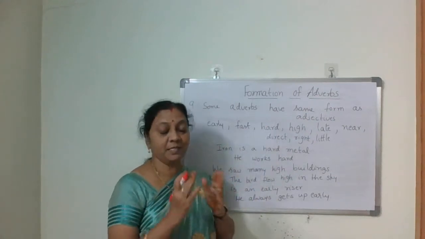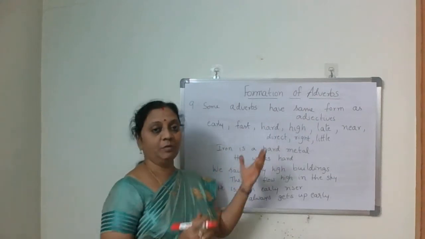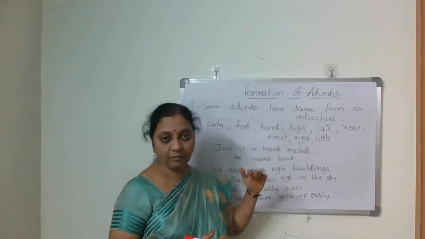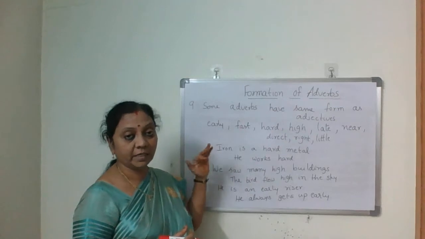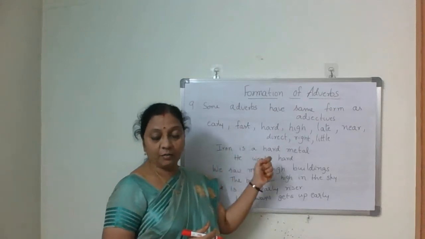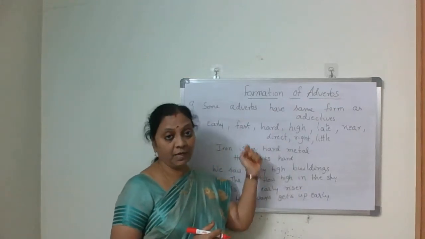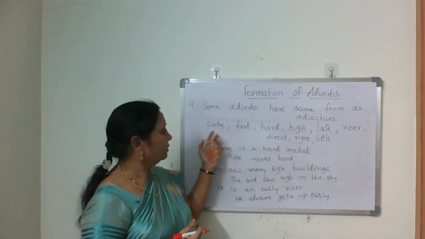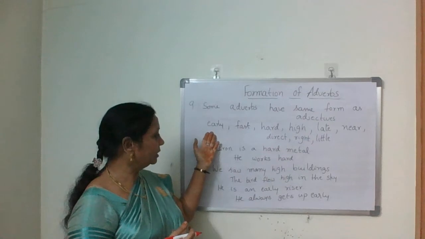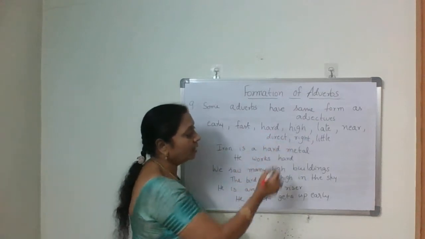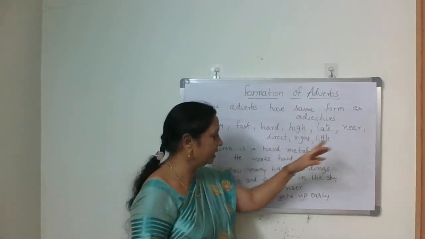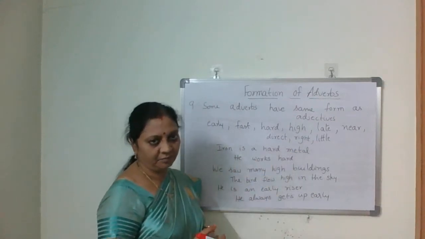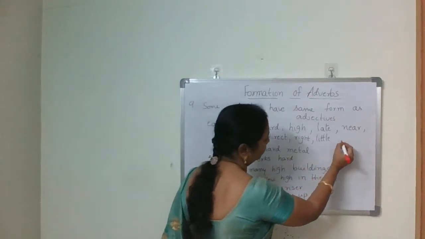There are certain words which are used as both adjectives and adverbs, so we should not get confused about where we are using them as adjectives and where as adverbs. Those words are early, fast, hard, high, late, near, direct, right, little, and some other words.